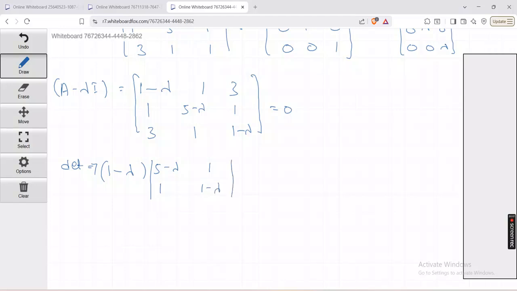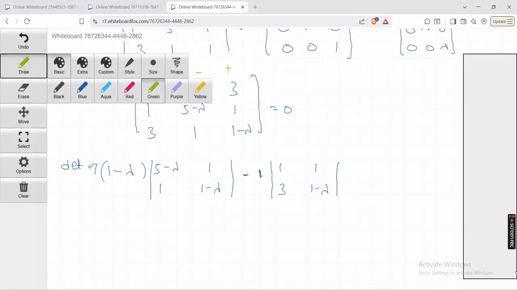Now for the second one it has to be minus. You all know this. We are in the second column and first row. Once you hide it, what's left? 1, 1, 3, 1 minus lambda. The signs go plus, minus, plus, and then minus, plus, minus, like this.